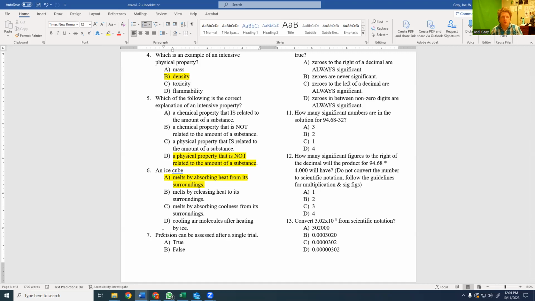You have no clue whether or not you're precise, because precision requires repeated efforts and consistently getting them right, or consistently landing in the same space. So our best answer option for this is B, it is false to say that precision can be assessed after a single trial. Multiple trials are required in order to assess whether or not someone was precise in an effort.